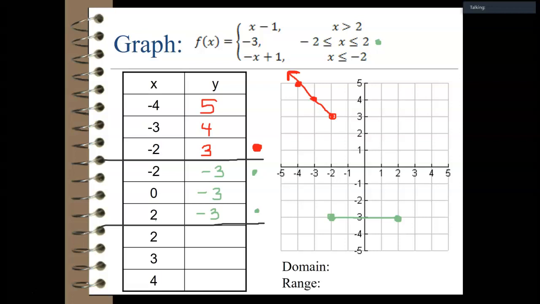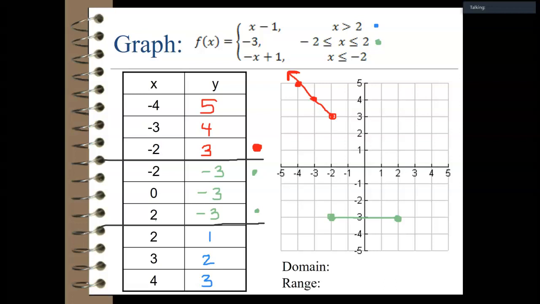And for x values greater than 2, we use the top equation. So 2 minus 1 is 1. 3 minus 1 is 2. 4 minus 1 is 3. And so on and so forth.